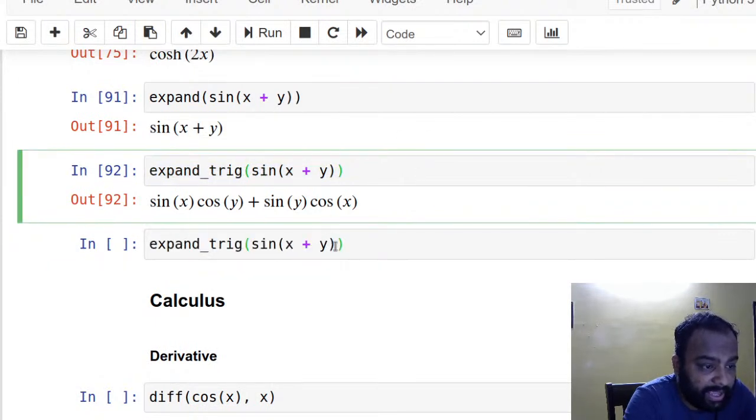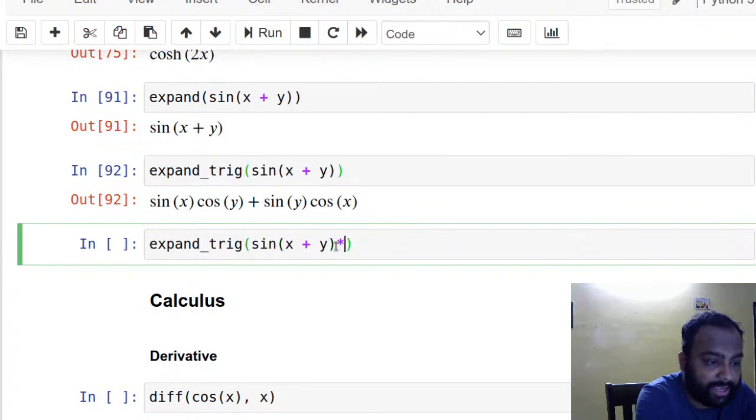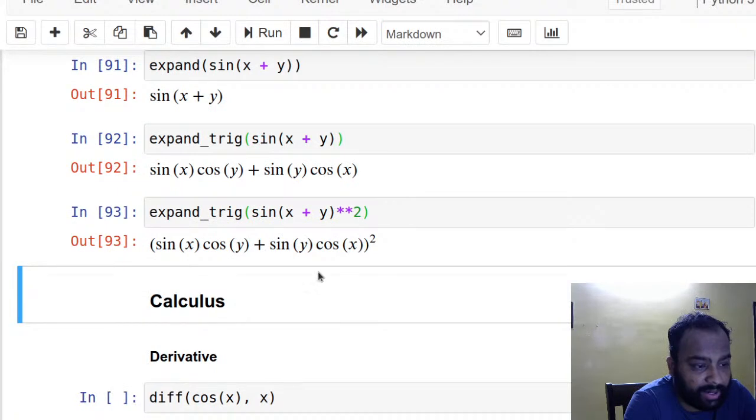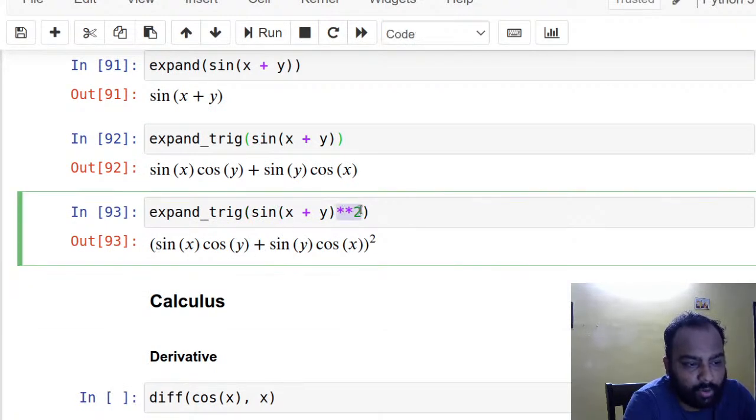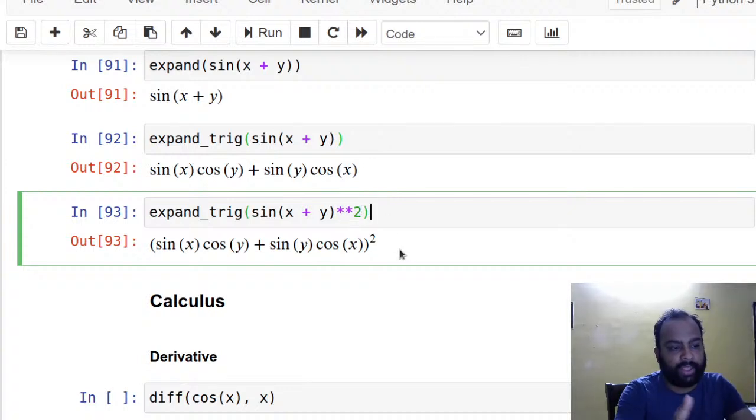But if I have sine square x plus y and I want to do a trigonometric expansion, it will expand the trigonometric part and leave the exponent, that was the whole square, alone.